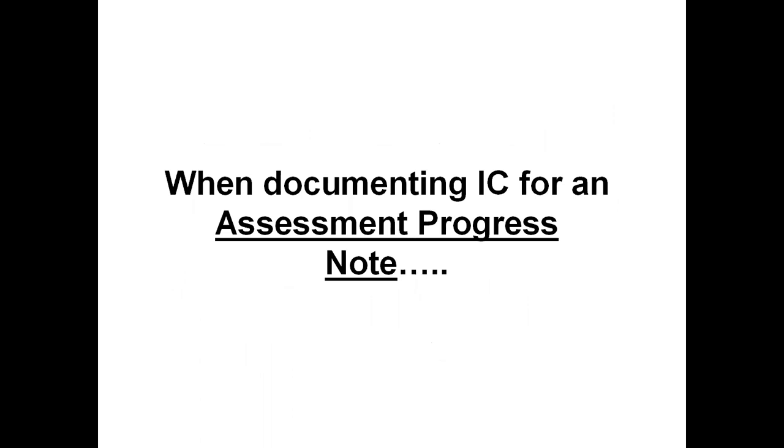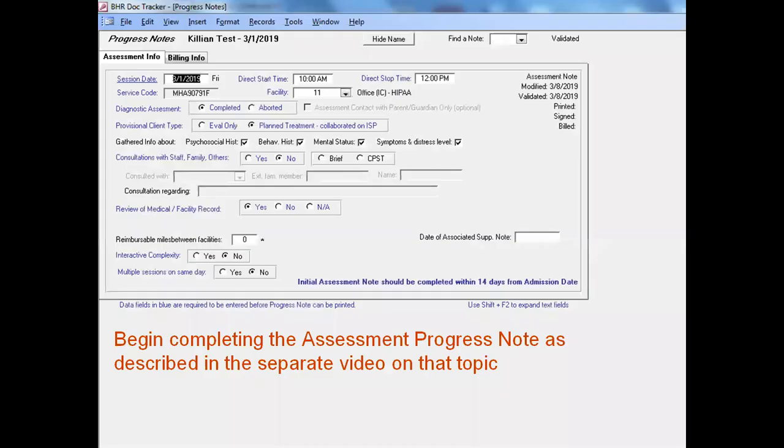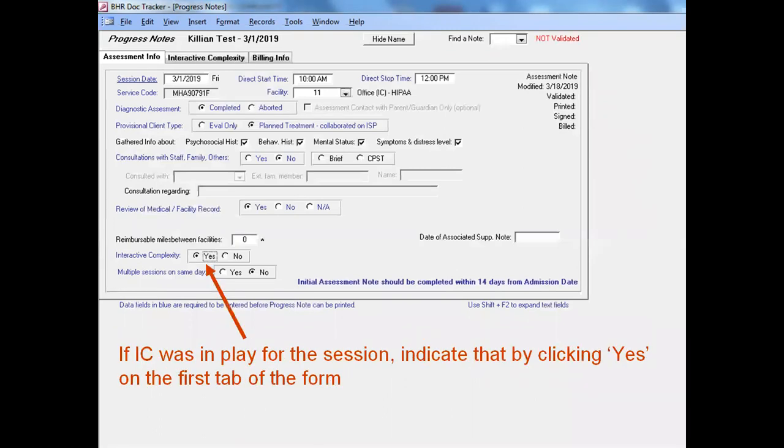So when documenting interactive complexity for an assessment progress note, begin completing the assessment progress note as described in a separate video on that topic. And if interactive complexity was in play for that session, indicate that by clicking yes on the first tab of the form down in this lower left area as shown.